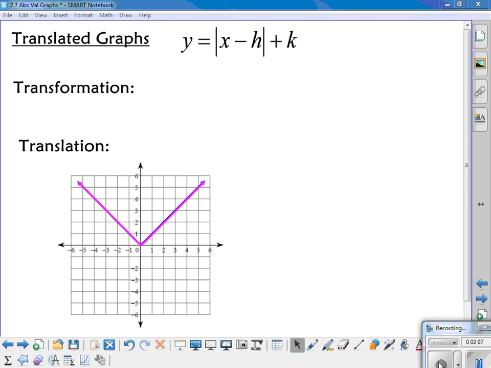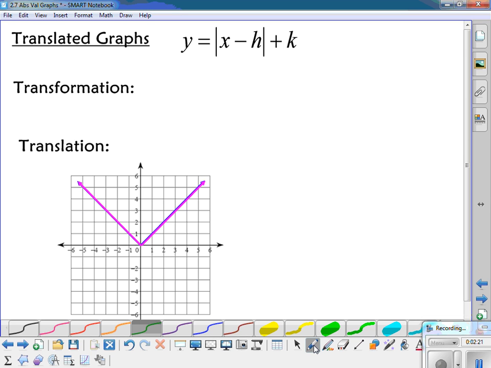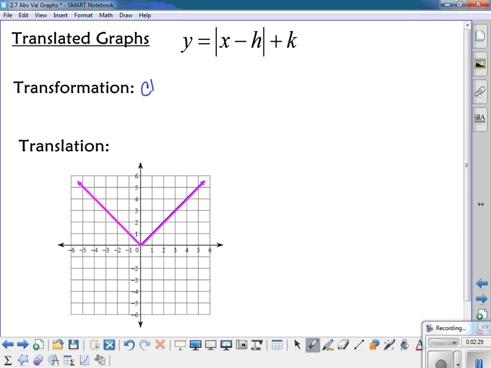Alright, so sometimes our graphs might be translated, and the form for a translated graph is y equals the absolute value of x minus h, plus k. A translation is a kind of transformation. Transformation is when you transform something, you change it, right? So a transformation can change the size. It could change the shape.